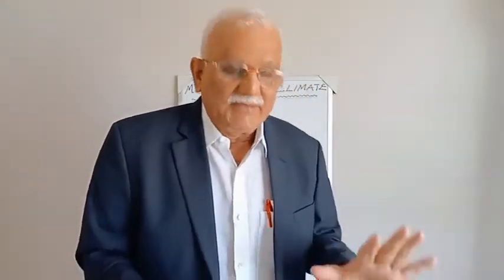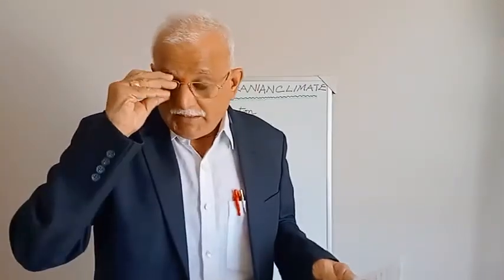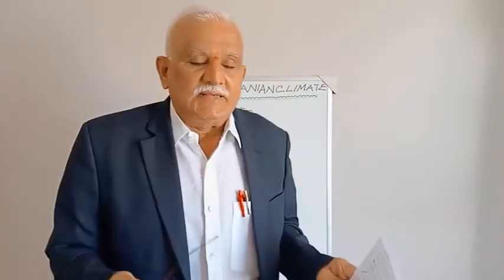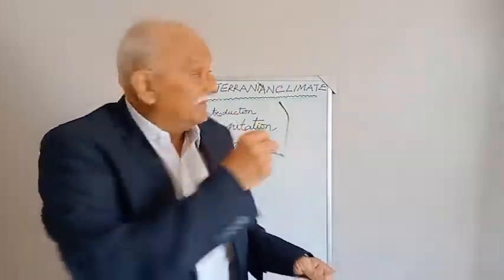So what is the temperature? This is with reference to precipitation. Now temperature: on the globe, 1/3 is land, the lithosphere, and 2/3 is water. In all areas on the globe, as the height increases, the temperature decreases, which is not an exception for the Mediterranean climate.